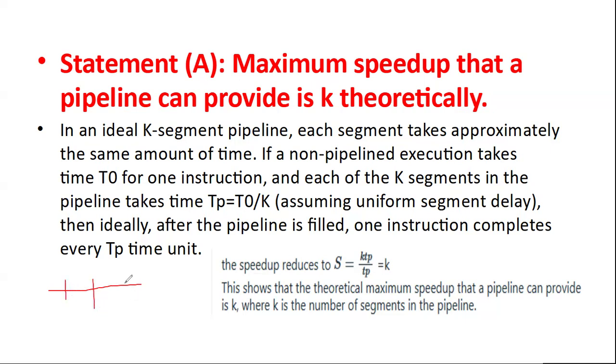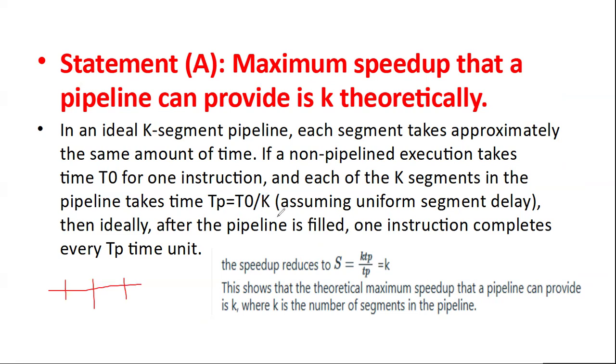So each process, that is P1, P2, P3, takes approximately the same amount of time to complete that task. Okay, but a non-pipelined execution takes time T0 for one instruction, and each of the K segments in the pipeline takes time TP equal to T0 divided by K.